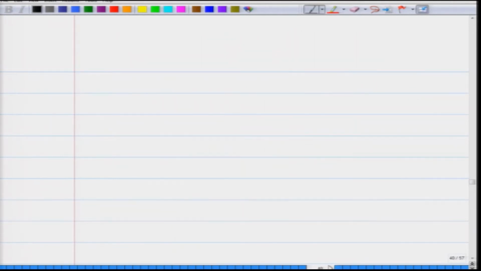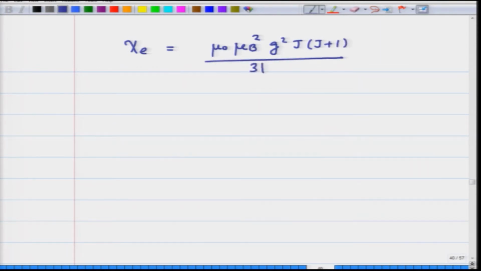Now, when I write this chi E per atom, we write this as mu 0 mu B square times g square J times J plus 1 divided by 3 kBT.